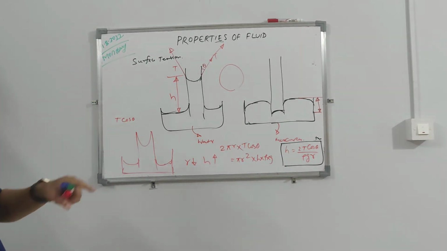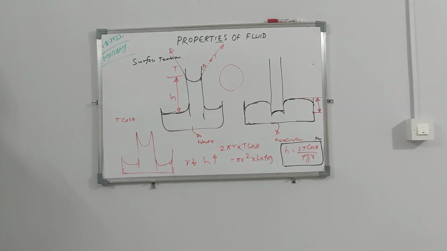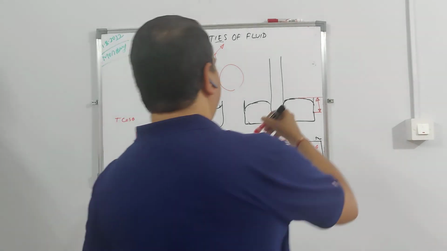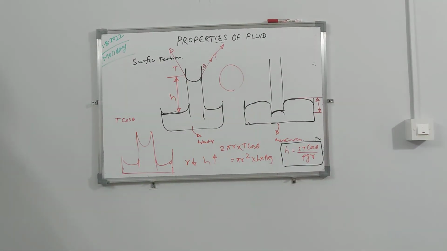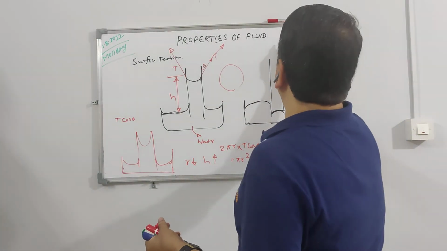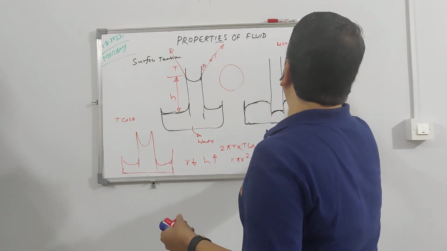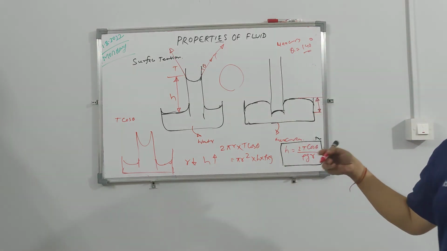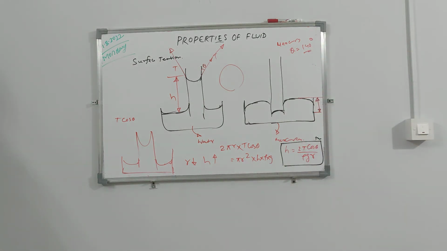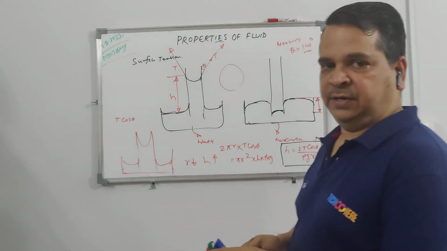In case of water, this theta will be almost zero, so you will have a positive term. But with mercury, theta is more than 90, let us say 140 degrees. So you will end up with cos 140, which is negative. That's why you will have a depression there.